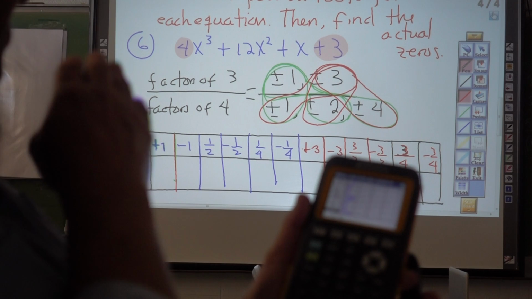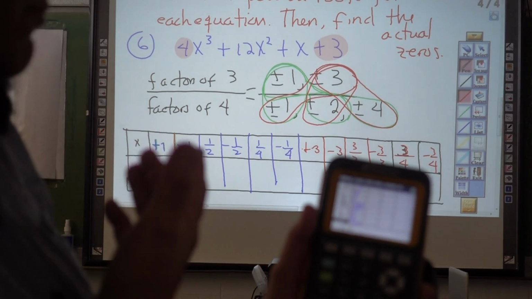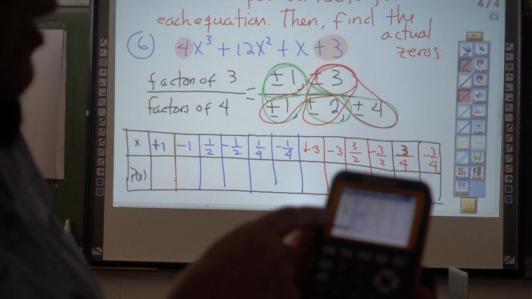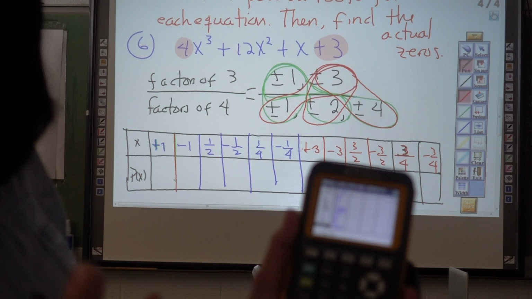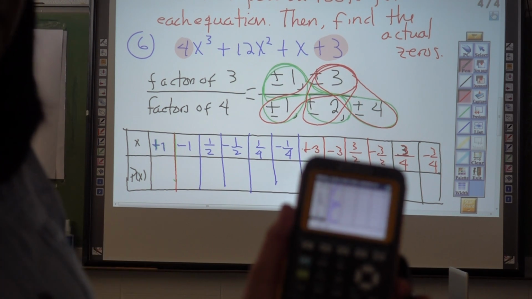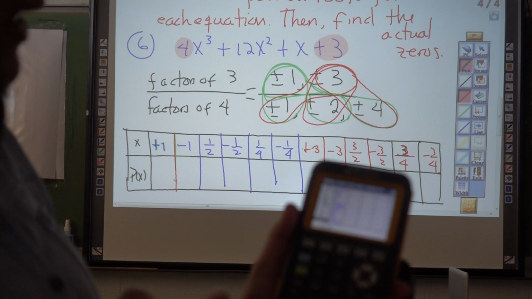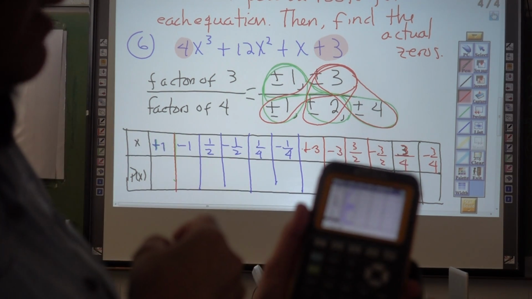Okay, so out of that set, the only rational zero that this polynomial has is negative 3. Probably the other two are going to be either complex or irrational, but the only rational zero is negative 3.